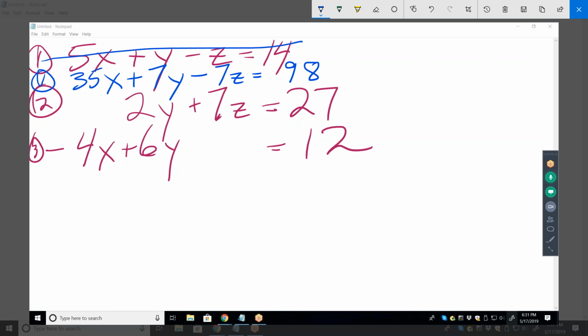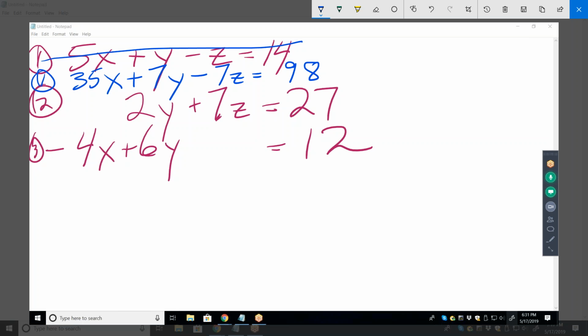We've got equation 1. Now what do I have to do to eliminate z? Add them. Hold on. You're only going to do 2 things to a system of equations. You're either going to add them together or you're going to subtract them. That's the only thing you can do.